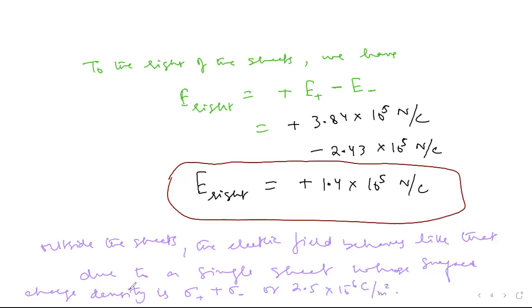I'm saying outside the sheets, that is to the left of the sheets and to the right of the sheets, the electric field behaves like that due to a single sheet whose surface charge density is the sum of sigma plus and sigma minus, which turns out to be plus 2.5 into 10 raised to power minus 6 coulomb per meter square.